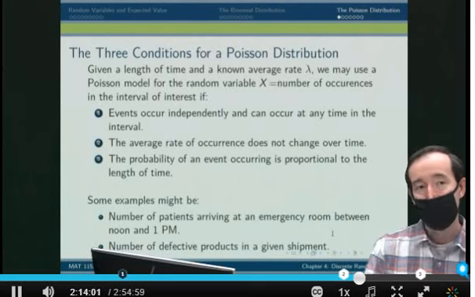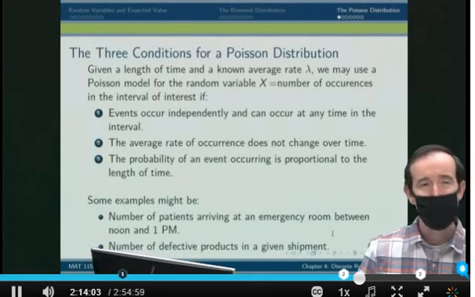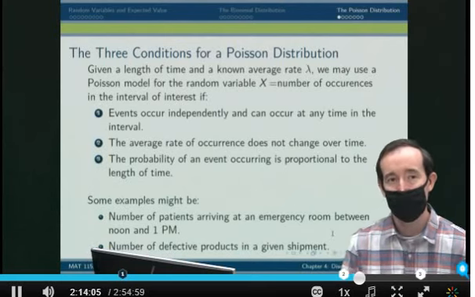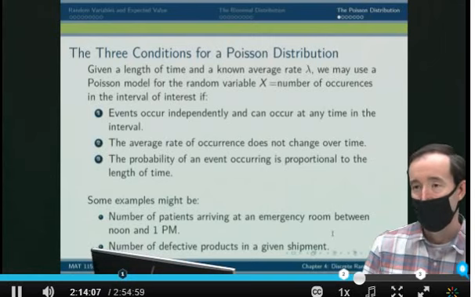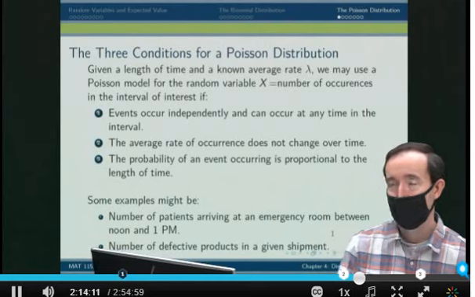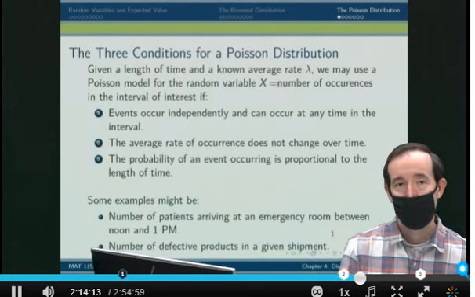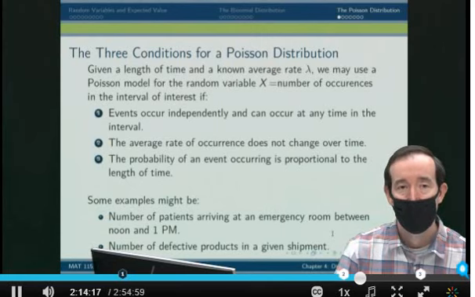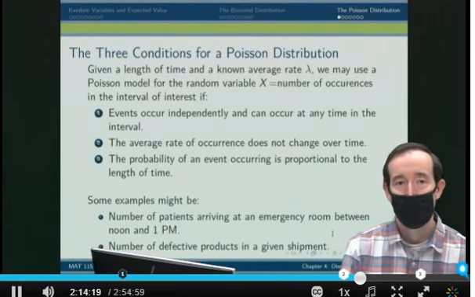And then the last thing, this is most interesting, the probability of an event occurring is proportional to the length of time. In that sense, what it means is if I ask what's the probability I will see at least 5 patients in this hour, well, that might be a certain probability.